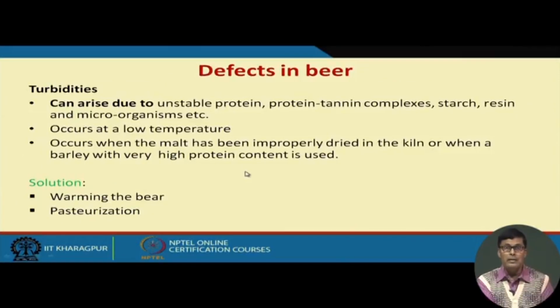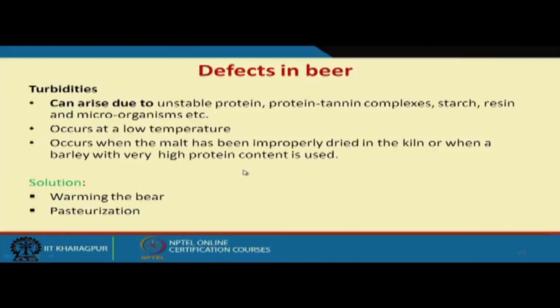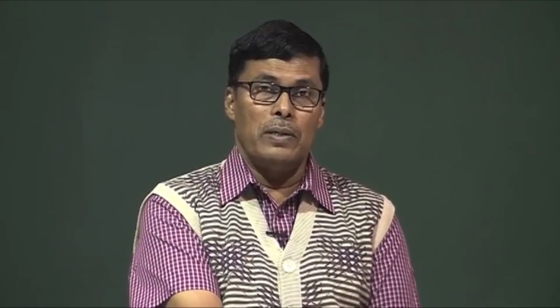Now beer has several defects. Defects of beer arise mainly due to the precipitation of proteins or remaining suspended particles.